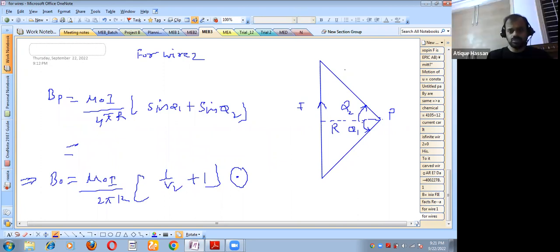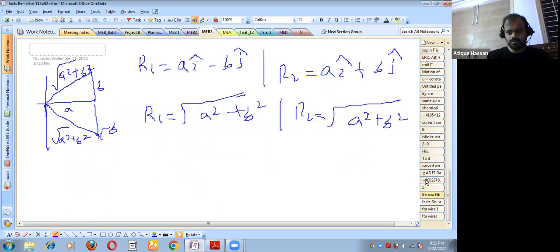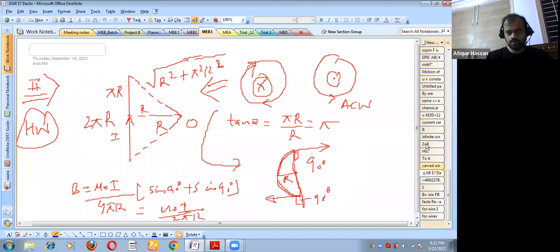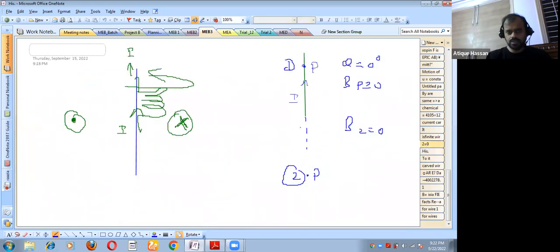So how we find direction is we apply the right hand rule. Let me get back to the previous lecture. This is how we find direction.